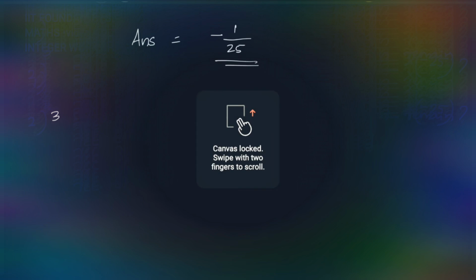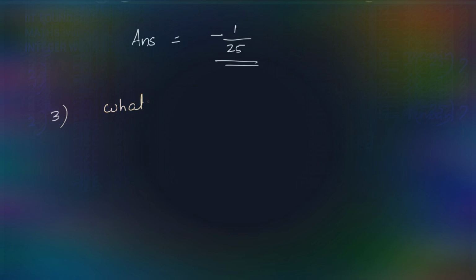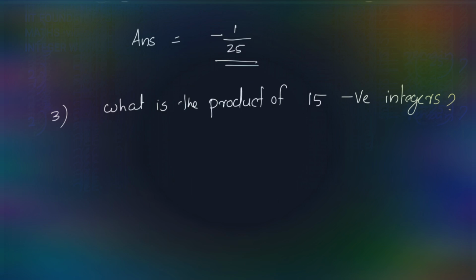Next is our third question, that is: what is the product of 15 negative integers? We already discussed that negative into negative equals positive.